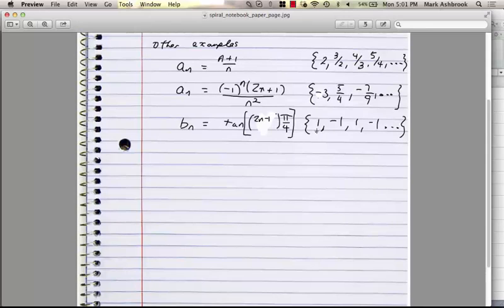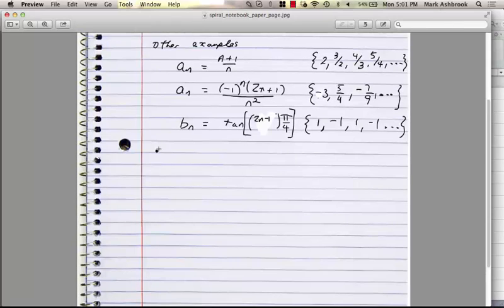Yeah, it is positive. Oh, sorry. Yeah, it is 1. So you're basically taking 1 times pi over 4, 3 pi over 4, 5 pi over 4, 7 pi over 4, this is that sequence. So here's another way to make it alternate signs, using tangent. But the easiest, most common way is -1 to the n.